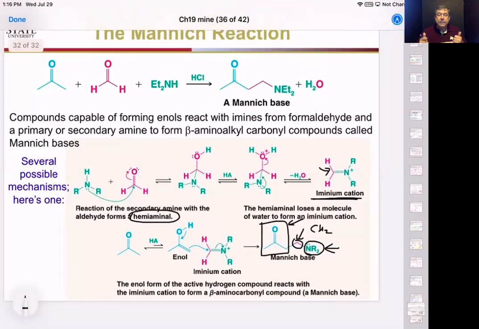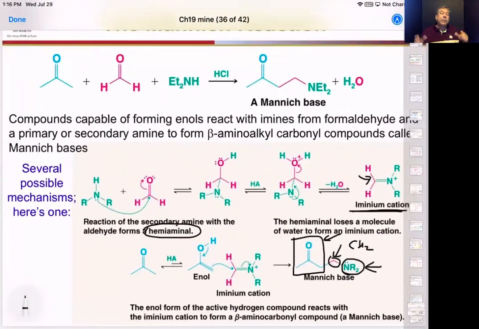Okay, so that's the Mannich reaction, and that's why it's a little different, but it fits in to this chapter. The fact that we're using that enol-keto tautomerism, we're using an activated carbonyl compound, and we end up building carbon-carbon bonds. Okay, so that's the last reaction we're going to talk about in chapter 19.